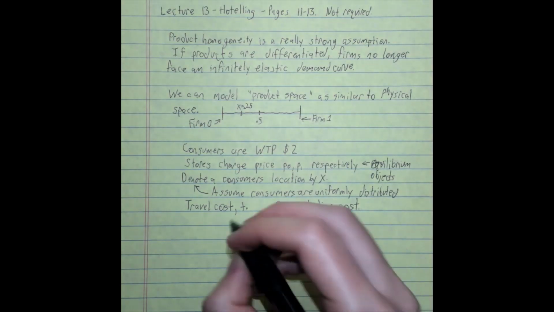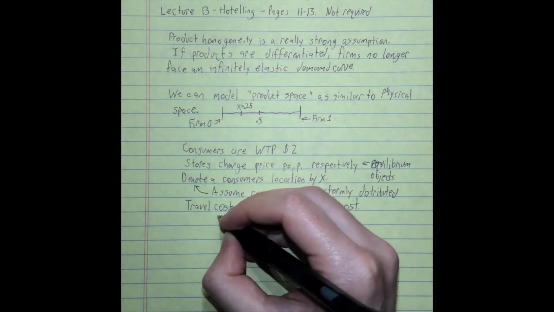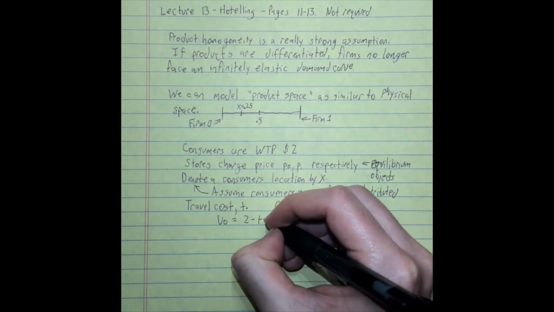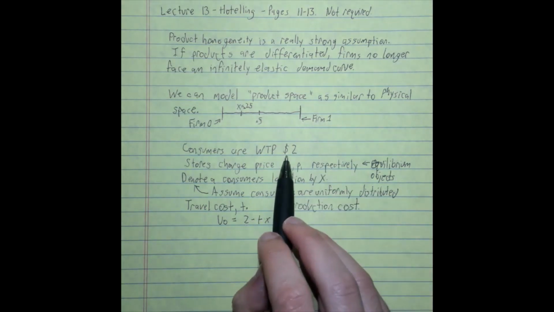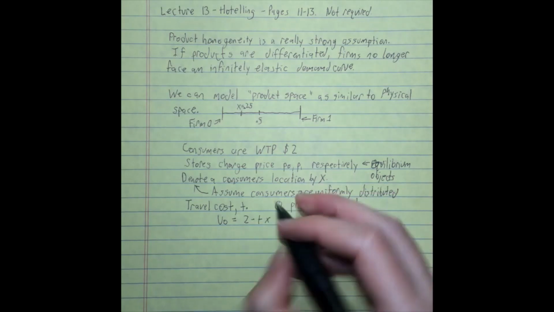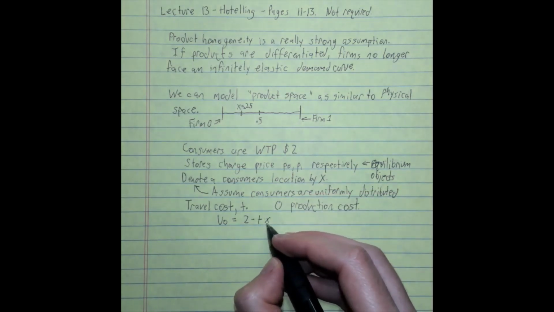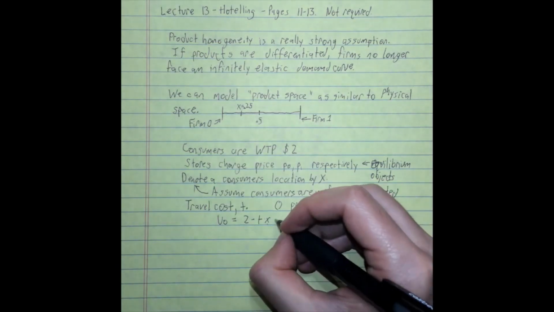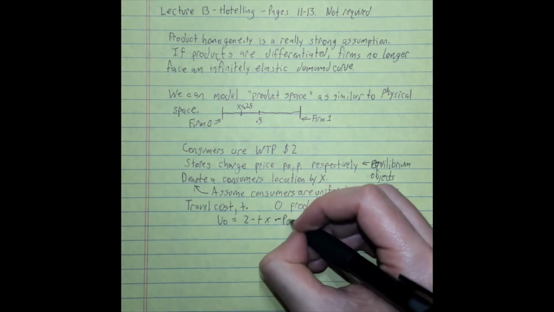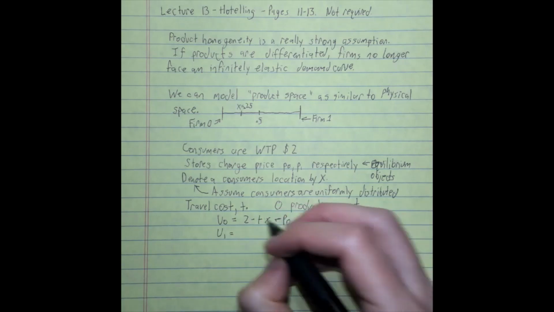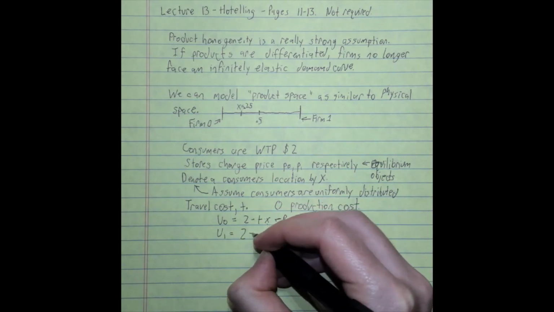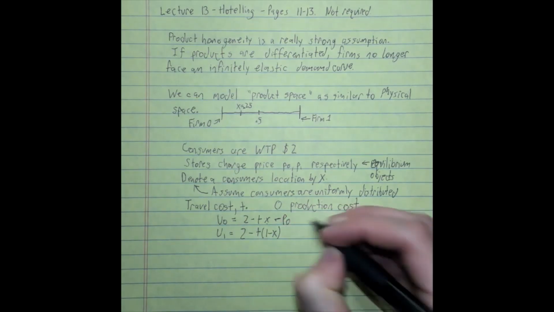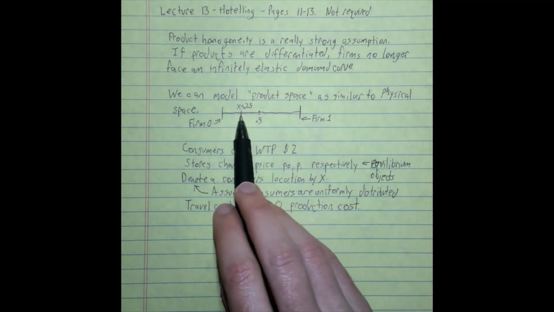Okay, so we can write down the utility for consumer 0 as 2 minus t times x, where 2 is their willingness to pay for the chicken, minus t times x, which is the travel cost times how far they are from 0, minus the equilibrium price P0. And the utility for consumer 1 is 2, their valuation of the chicken, minus t(1 minus x), where now their distance is from firm 1.